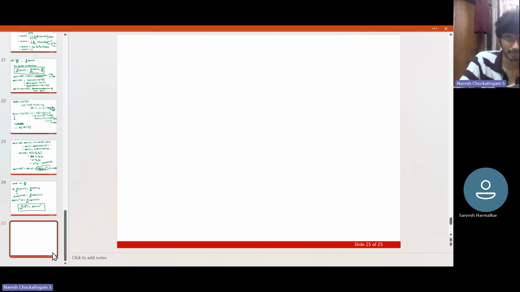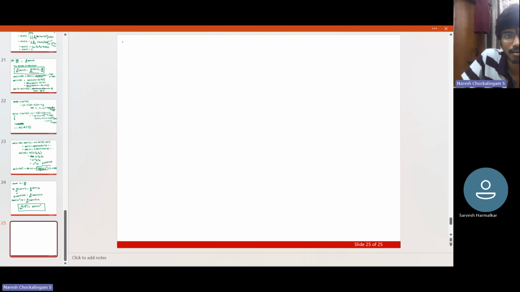Next, let us derive the stress strain relationship for a material whose stored energy function is specified.